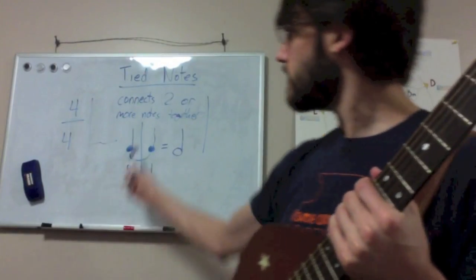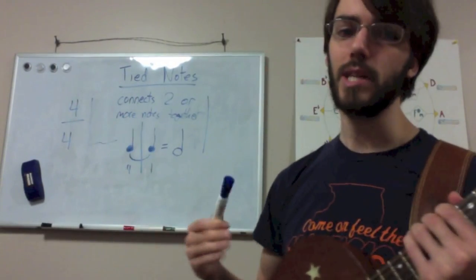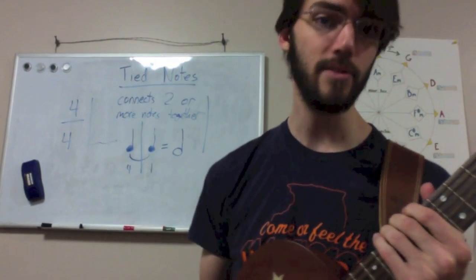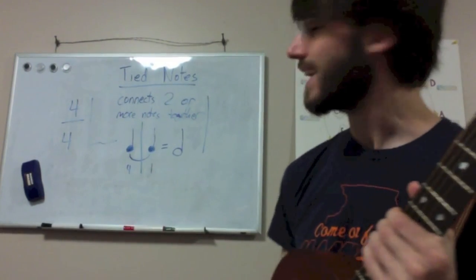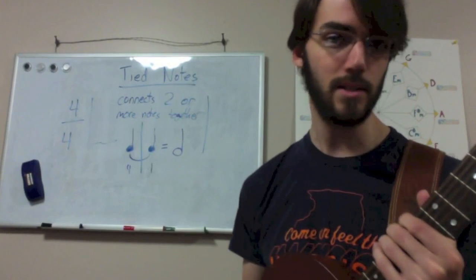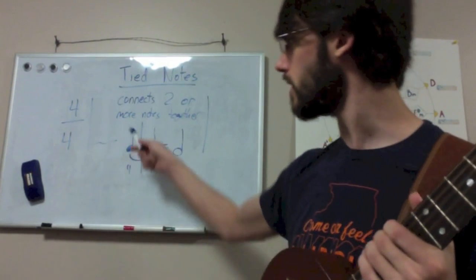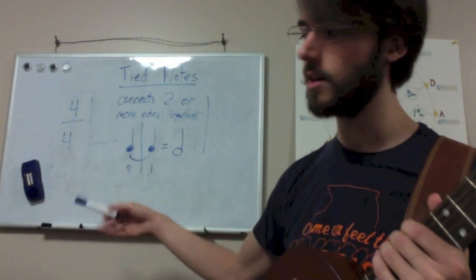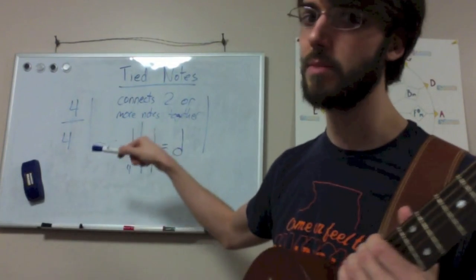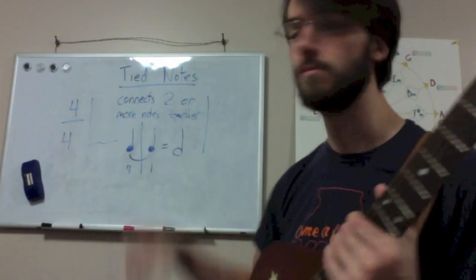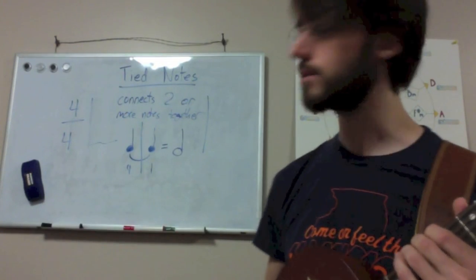So say I got to the end of this measure and I wanted a note to last for 2 beats, but I'm already on beat 4 and I don't have 2 beats left in the measure, I've only got 1. I can't put a half note there because there's not enough room for it to fit. So the only way I could do that would be to put a quarter, which does fit, but then tie it across the bar line into a new measure of 4 beats where I could add more notes that I want to connect it to.